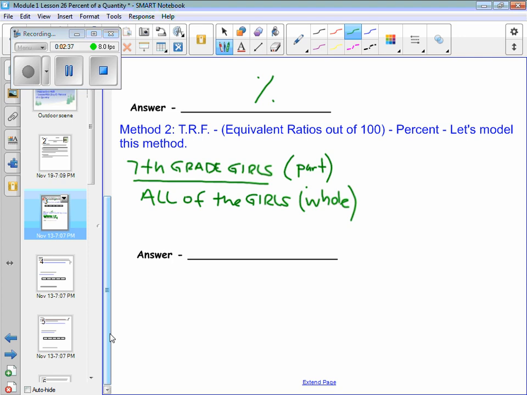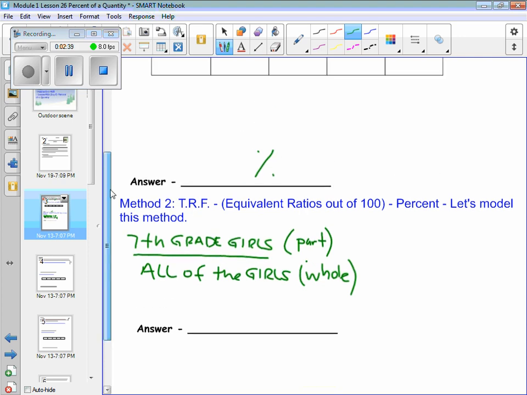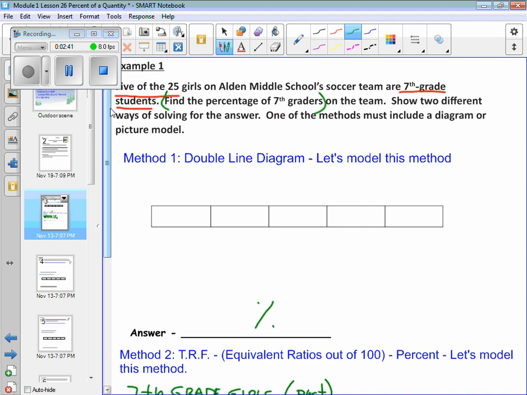Now I'll go back to the problem, and it's 5 out of 25. That 5 is representing what? What's the quantity? 5 what? Brandon. Look at it again. 5 of the 25 girls on Alden Middle School soccer team are... Kira.